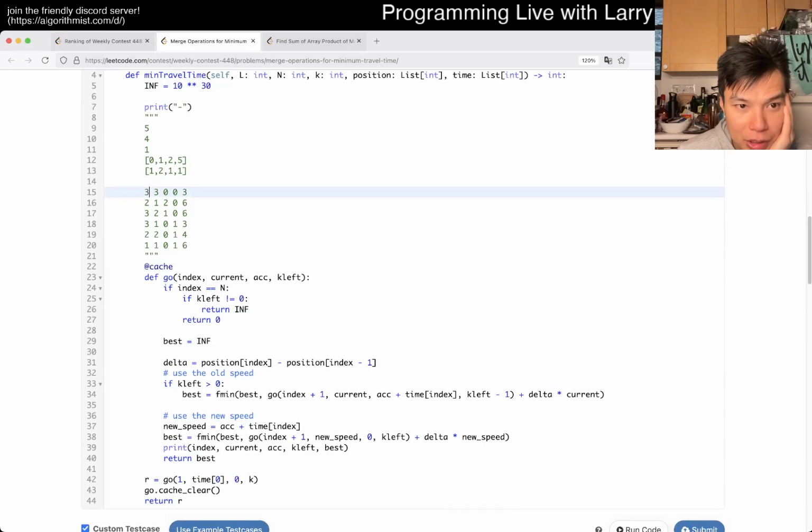Okay, so 3, so we're here, and it returns 3, because it looks at 5, 2, the current speed is 3, which sounds right. Wait, what? Current speed is 3. The new speed. Okay, so something is wrong here.